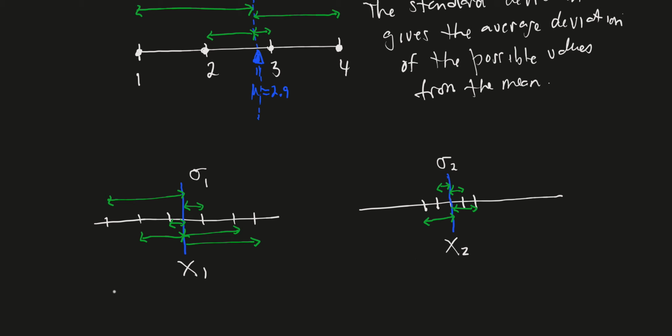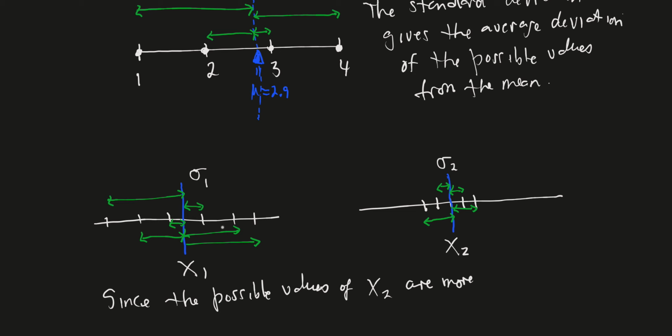Since the possible values of x2 are more tightly clustered around the mean, and both of the means, I'm using the same blue vertical line, are more clustered about the mean, then the standard deviation for the second random variable is going to be less than the standard deviation of the first one.